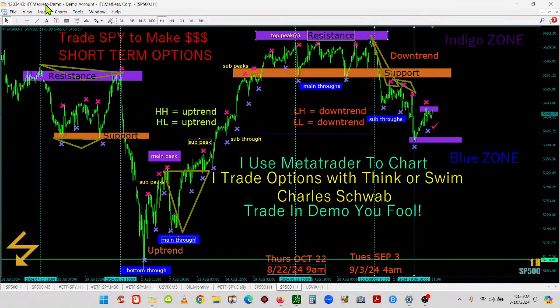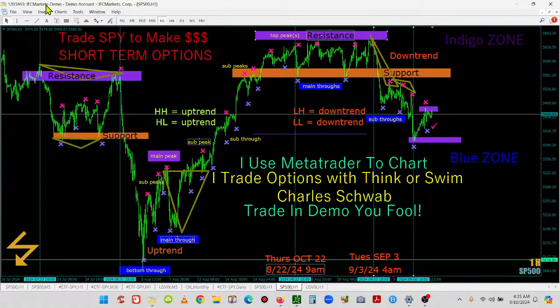We are looking at an IFC Markets demo trading account. I recommend that you get a MetaTrader demo account to practice on. IFC Markets is the best, in my opinion. You may use others.